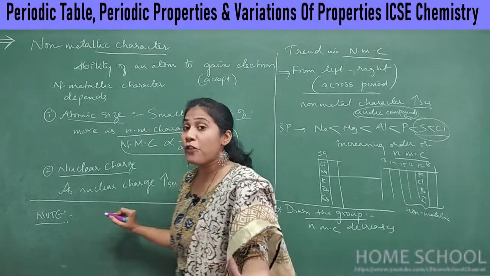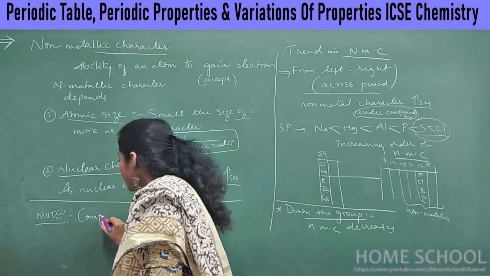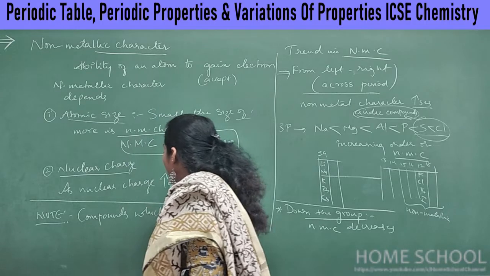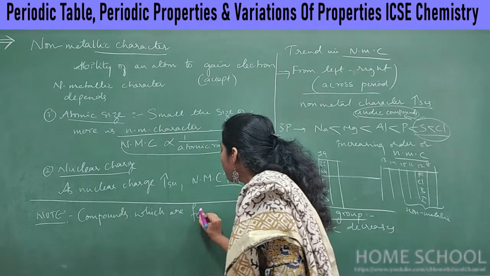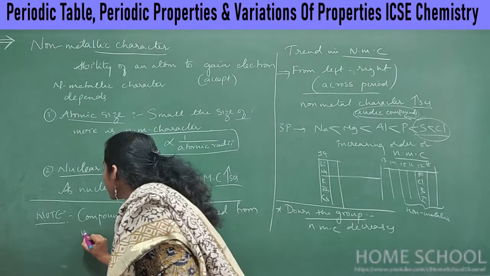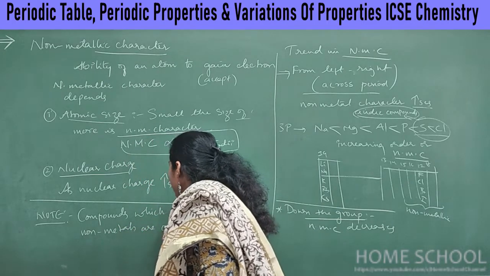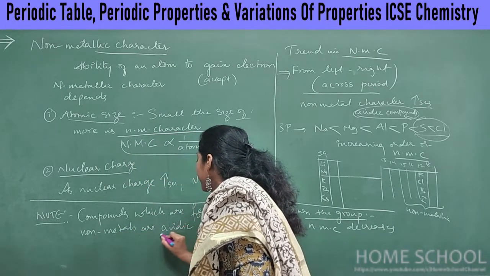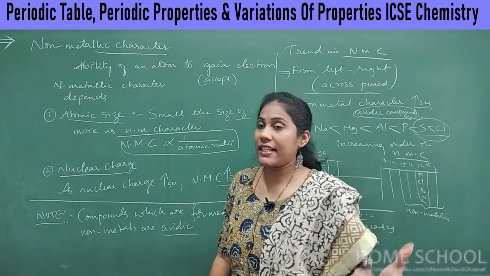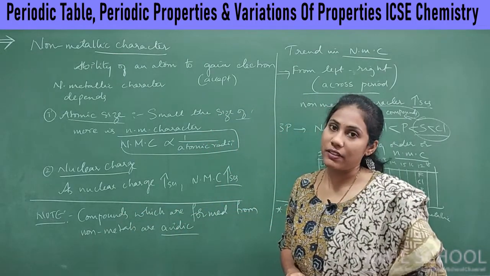The compounds which are formed from non-metals, compounds in the sense any substances or molecules which are formed from non-metals, are acidic. In case of metals, compounds of metals are basic, we studied. Similarly here, compounds of non-metals are acidic in nature.